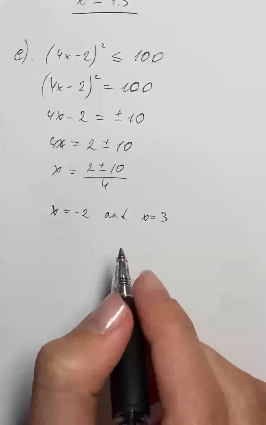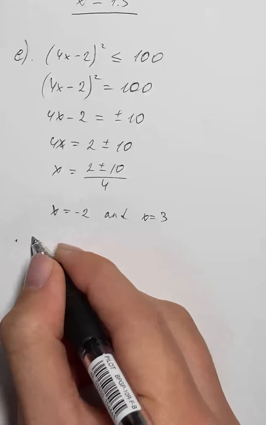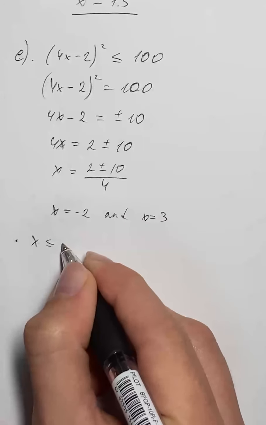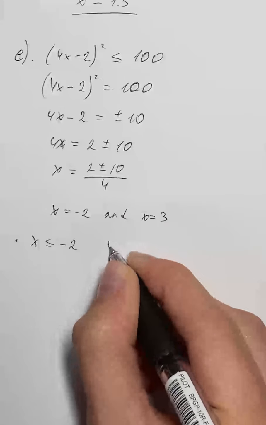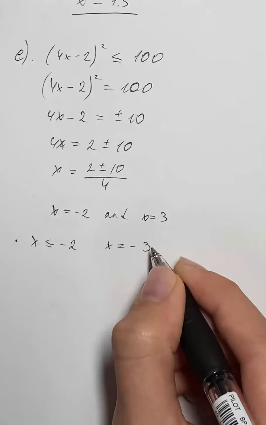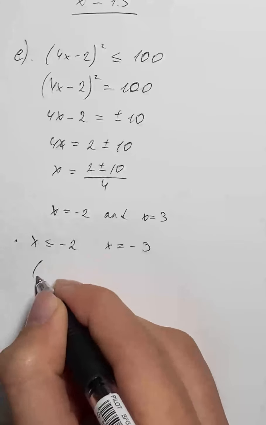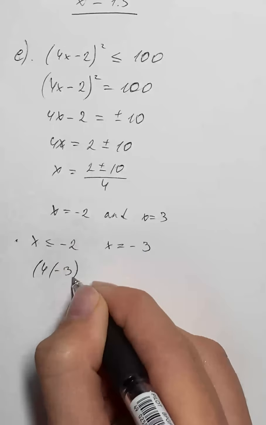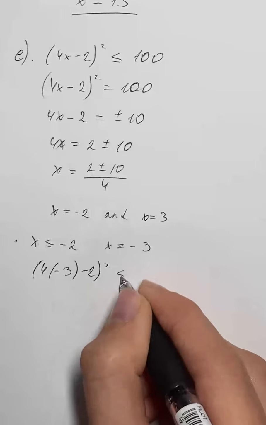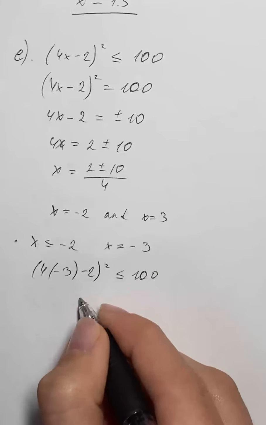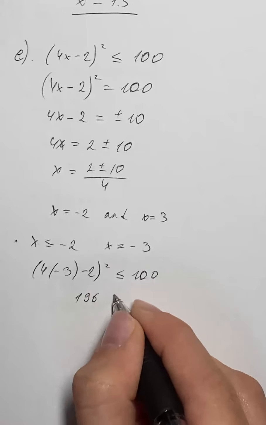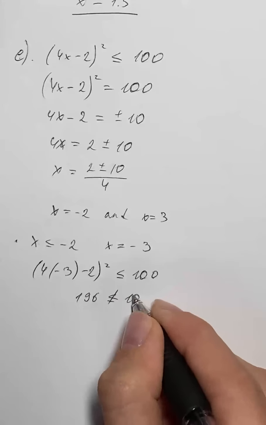So the first region is x is less than or equal to negative 2. The test point is x equals negative 3. So we substitute and we get (4 times negative 3 minus 2) squared is less than 100, and we get that 196 is not less than 100.